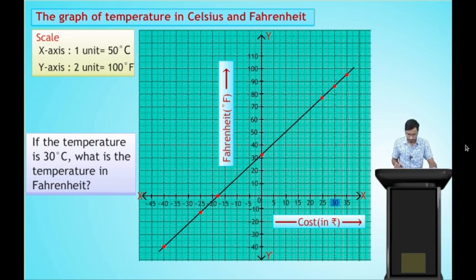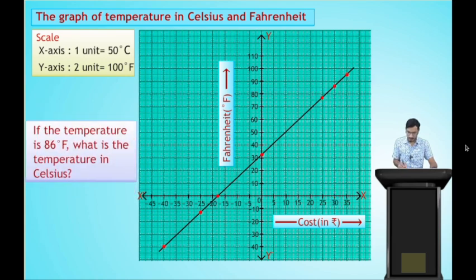Okay, so the Fahrenheit scale and the Celsius scale. Here, when the temperature is 30 degrees Celsius, you can see that the temperature in Fahrenheit will be 86 degrees Fahrenheit. Remember, Celsius is on the x-axis.